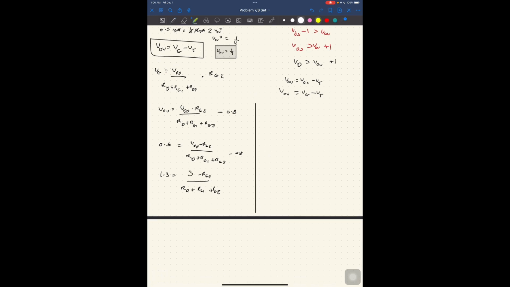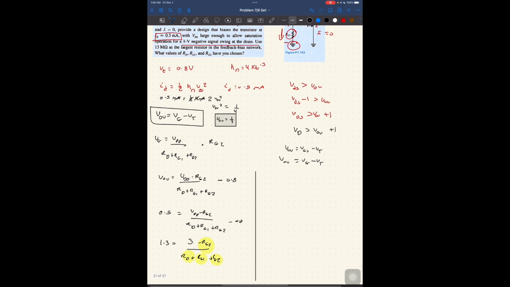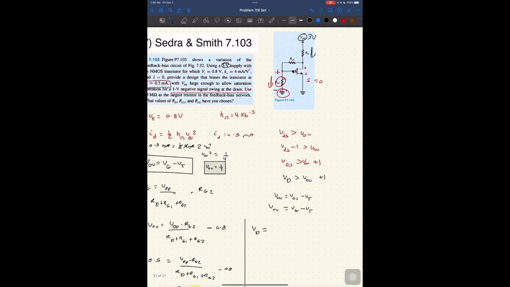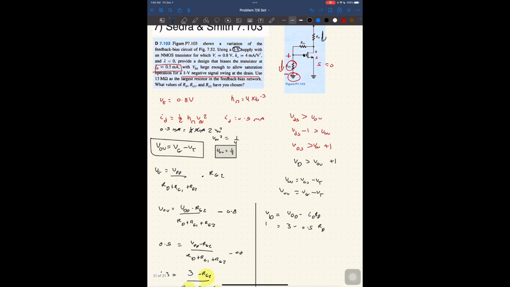So right now I have one equation, 3 unknowns. The second equation should be to find something that relates to VD, and VD is equal to VDD minus ID RD, which is equal to 3 minus 0.5 times RD. That's equal to VD.